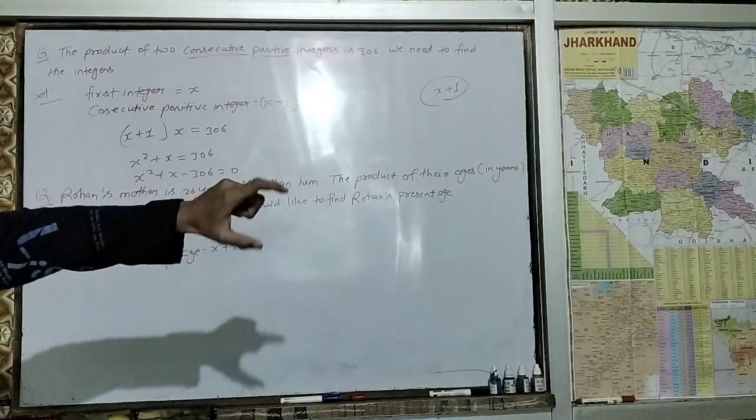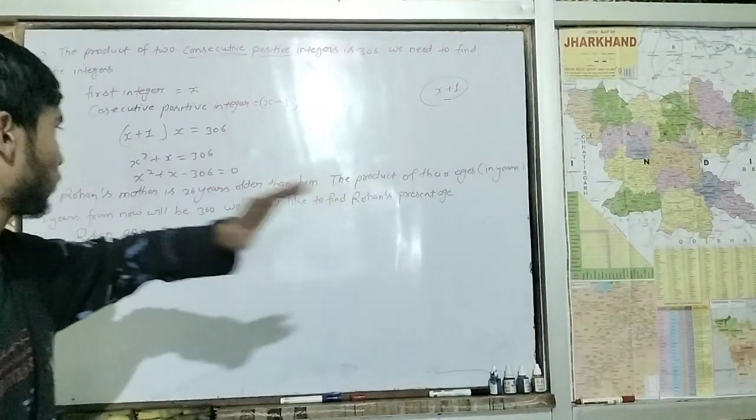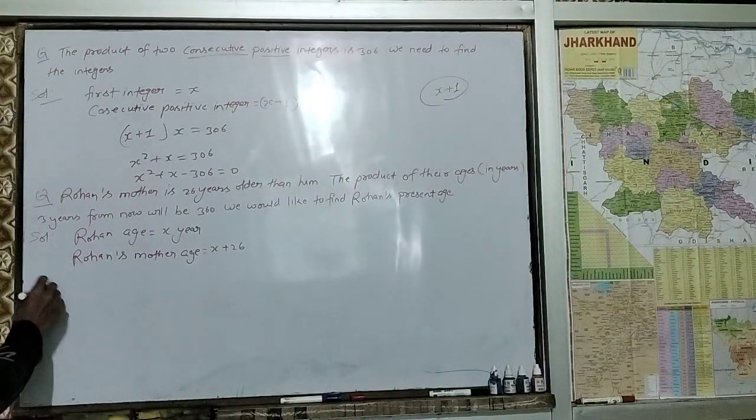The product of their ages after 3 years is given.